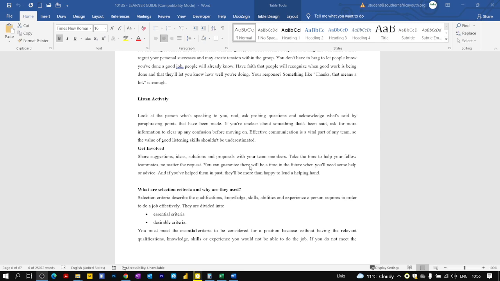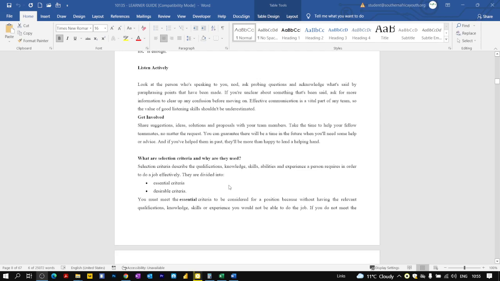So listen actively and get involved, which means sharing ideas, solutions and proposals with your teammates. Don't just start applying certain things without informing the rest of the team. It may be a good idea, whatever you came up with, but it doesn't sit well with others when you suddenly implement ideas that you came up with on your own, yet you are part of a team.